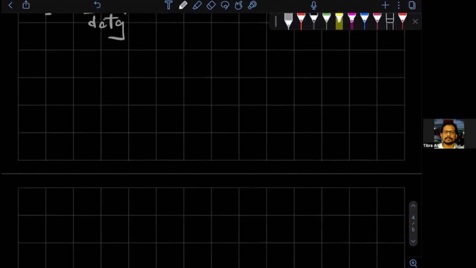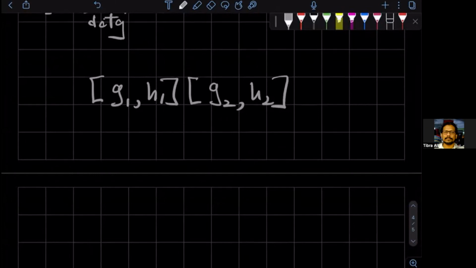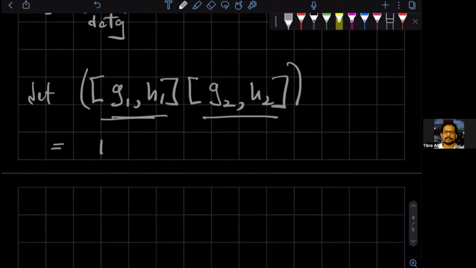And not only that, if we have two commutators, say G1, H1 and then G2, H2, this itself is not a commutator. It's just a product of two commutators. For general elements G1, G2, H1, H2, it's easy to see it is not a commutator. But if we take its determinant, by the very fact that the determinant of each of these commutators is 1, we see that the determinant of this thing is also 1.